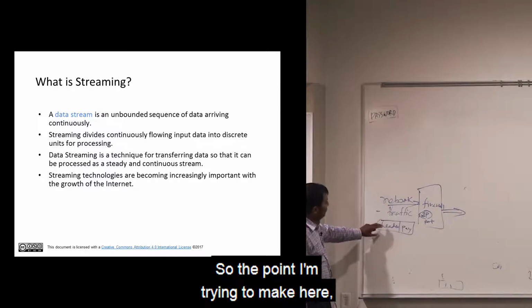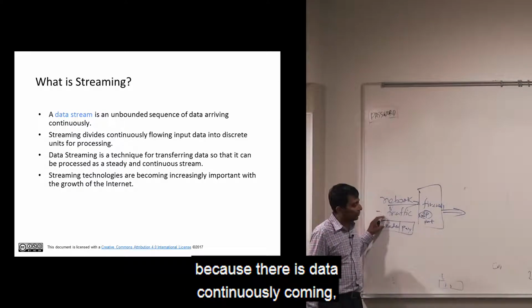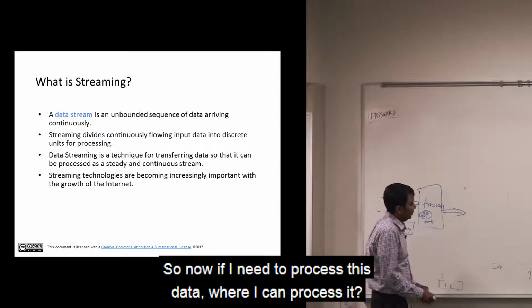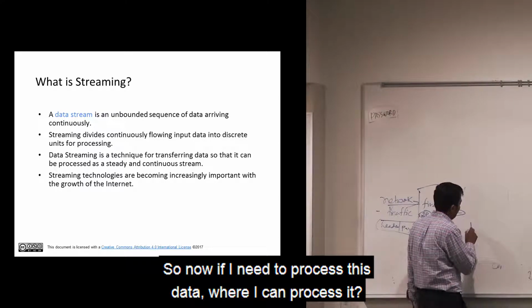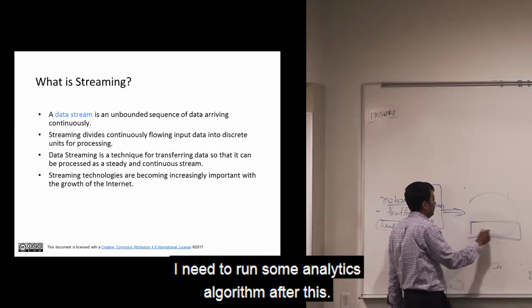But the point I'm trying to make here is that this network traffic is an example of stream data because these data are continuously coming one after another. So now, if I need to process this data, where can I process it? I need to run some analytics algorithm.